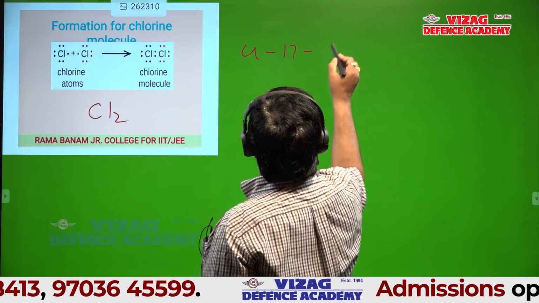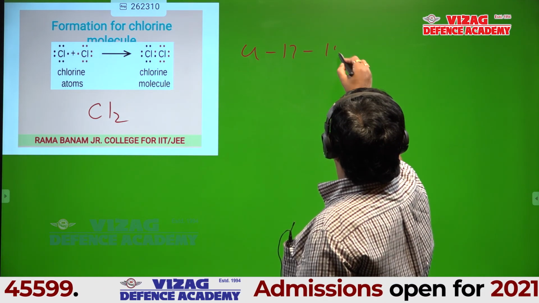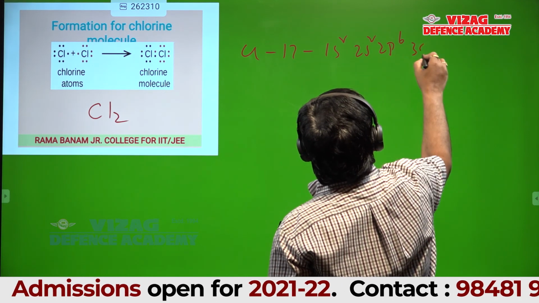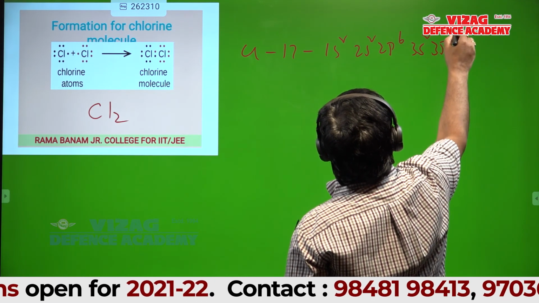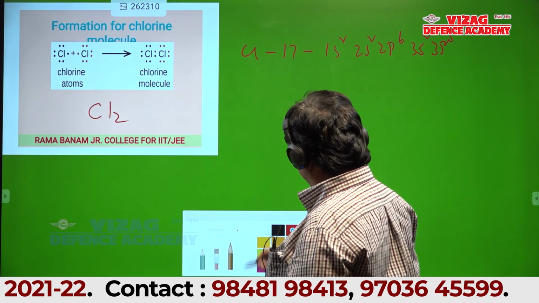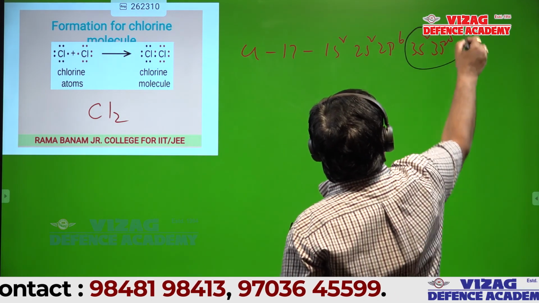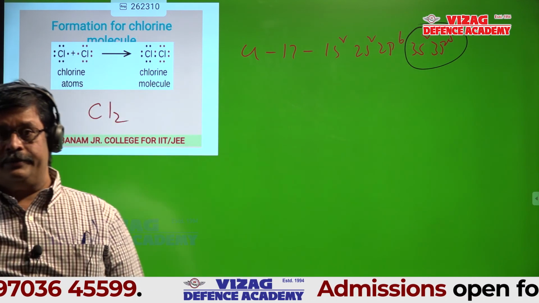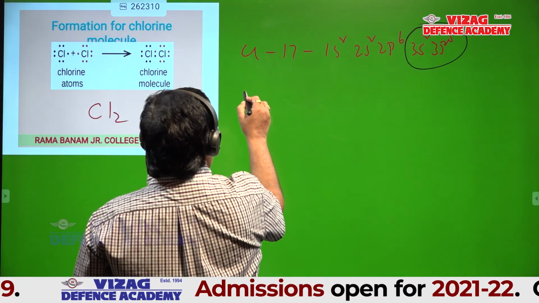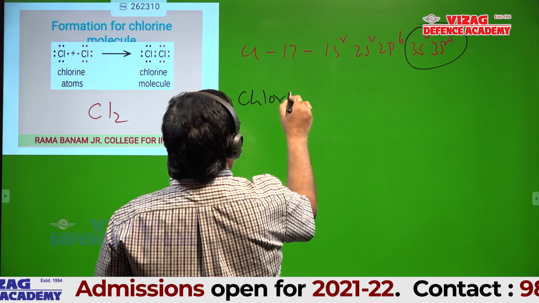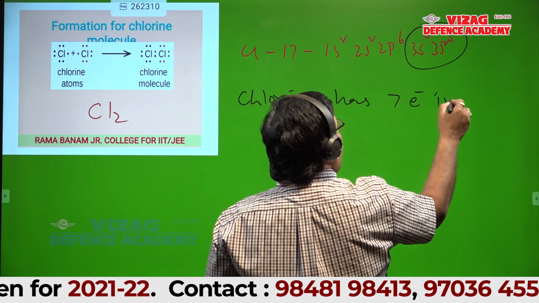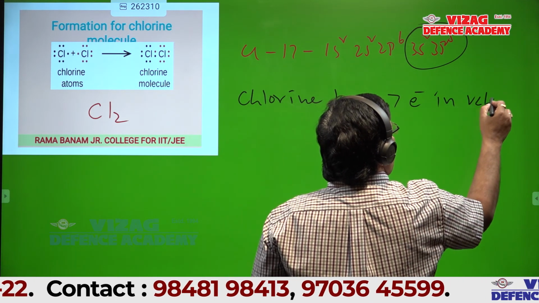Chlorine, 17, and the configuration is 1s2, 2s2, 2p6, 3s2, 3p5. Am I right? See how many electrons are there in the valency shell of chlorine? 7. So chlorine has 7 electrons in the valency shell.